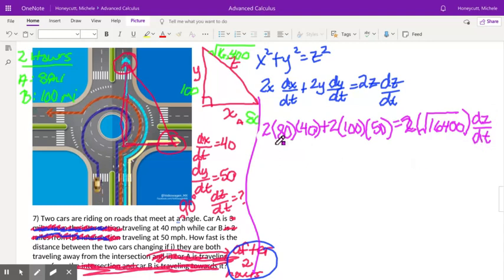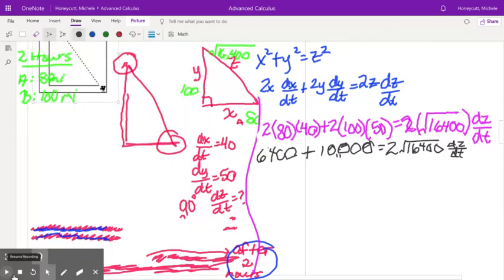So now we can combine using algebra. Combining algebraically, you get 6,400 plus 10,000 equals 2 square root of 16,400 dz/dt. When you solve for dz/dt, you'll add these two together and then divide by 2 square root of 16,400.